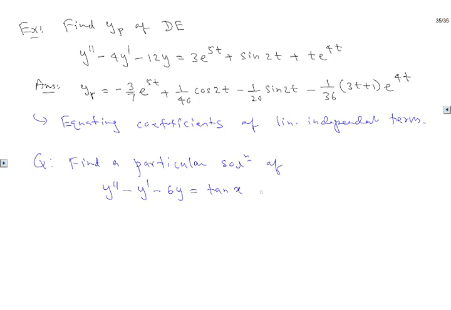If you try to do this problem using the same technique, it's not going to work, because the undetermined coefficient method works for only 3 cases: exponentials, sine and cosine, or polynomials. But we have tan x, so we need a new technique.